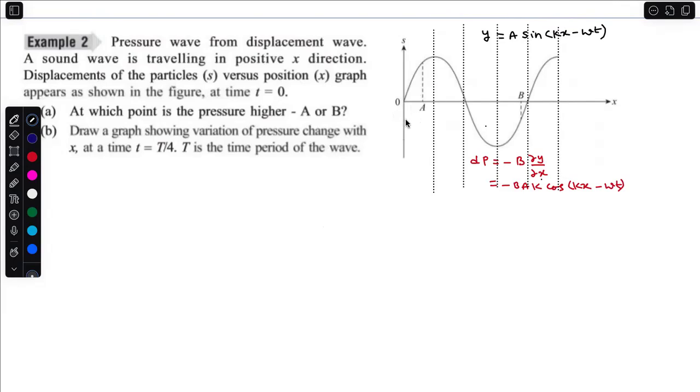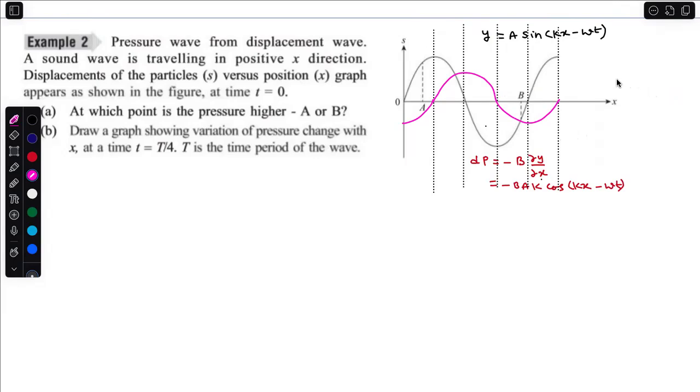Now, it is a minus cos kx graph. Practice properly.